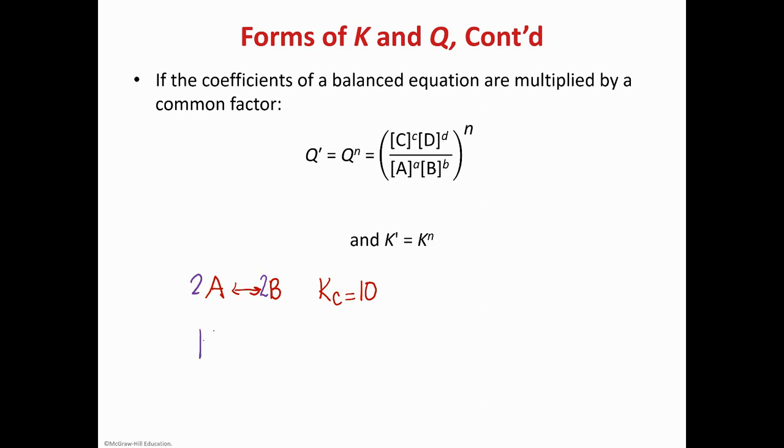Well, if you think about it, it would look like this, right? KC equals B squared over A squared, which then would mean that it would actually be 10 squared, or 100. So that's what this is saying, in just a fancier term, that if you change the coefficient, then you would change K or Q, but by that exponentially.